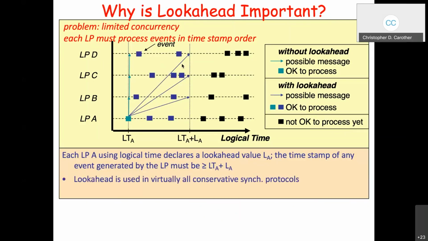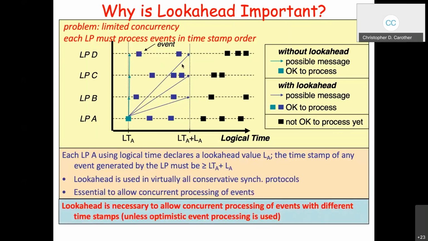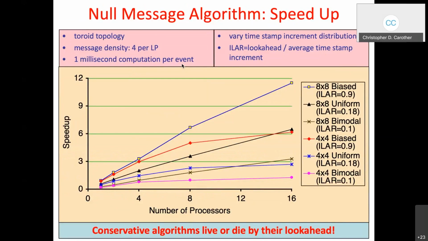So here's what happens if you were looking at potential for speed up on, say, up to 16 processors. And so we can see if I have a large sort of look ahead, this is a look ahead ratio. It's actually called the inverse look ahead ratio, where you take look ahead divided by the average timestamp.